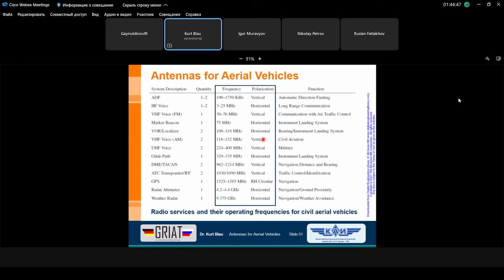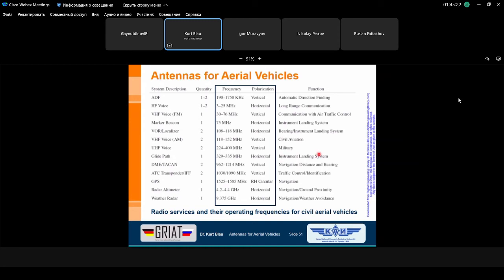Then we have another frequency range. It's located in a range higher than the normal ultra shortwave radio communication system. It's for civil aviation exchange. Then this is used for military communication. Then also this frequency range, which was already mentioned, is the so-called instrument landing system.